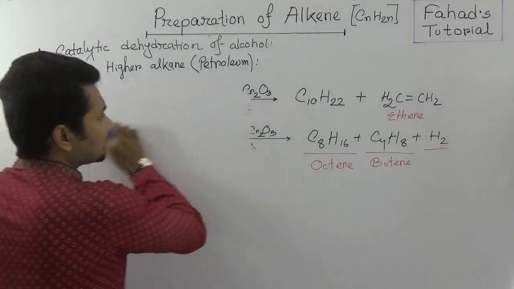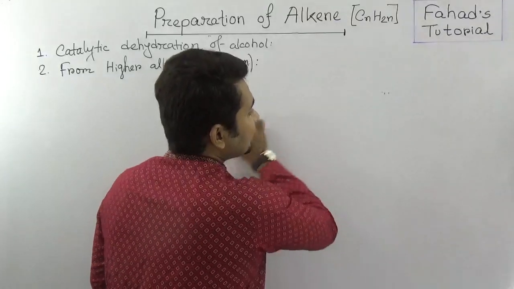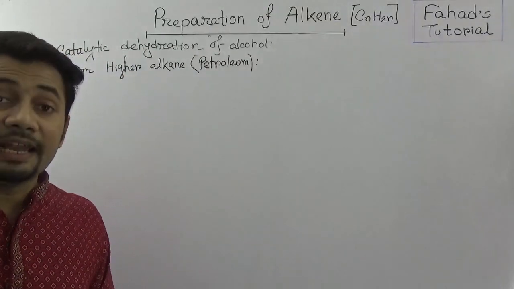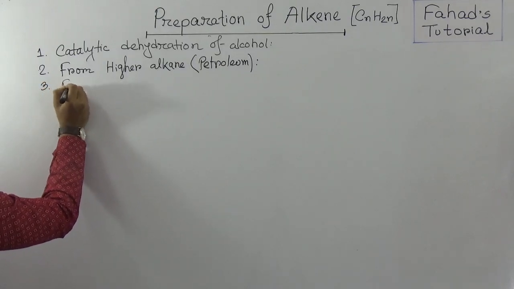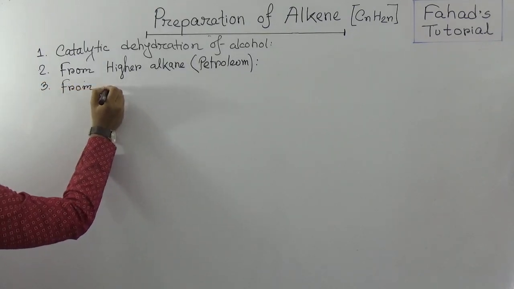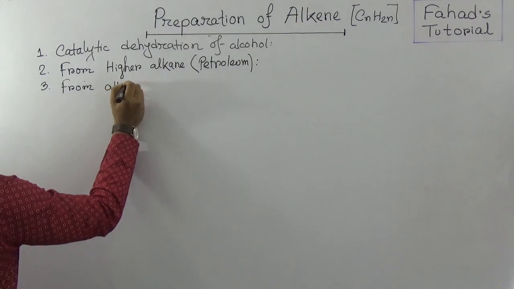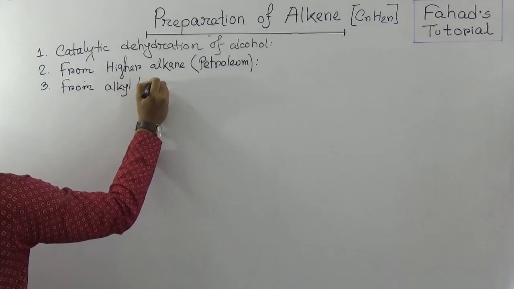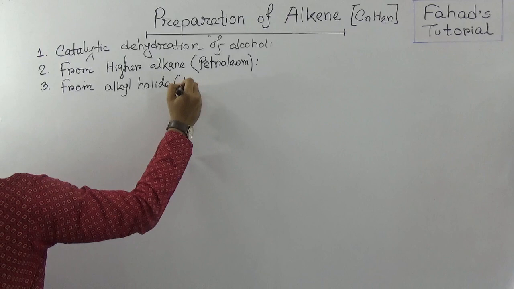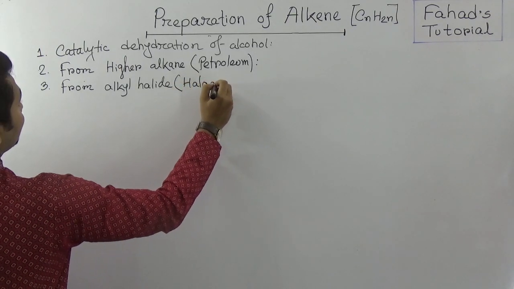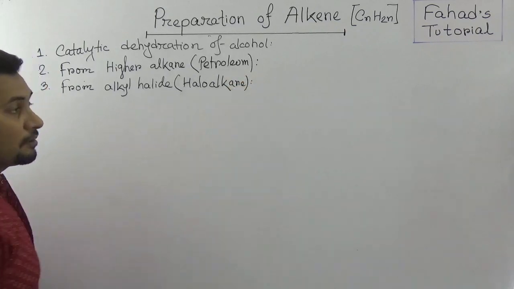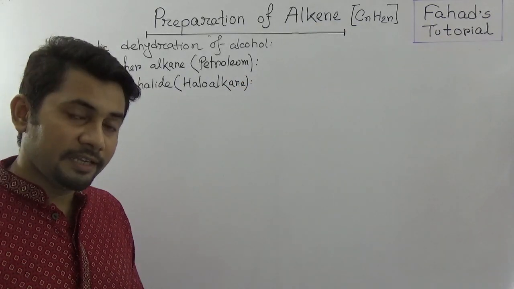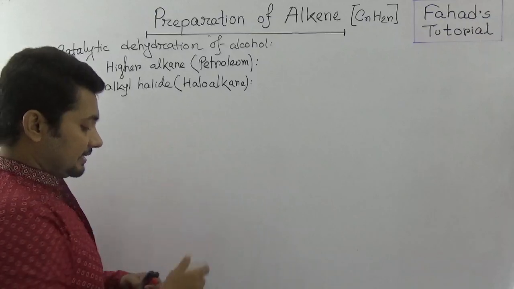In the third case, we can find alkene from alkyl halide. So the third system is from alkyl halide, or you can say from haloalkane. From haloalkane we can also find alkene. What is haloalkane?